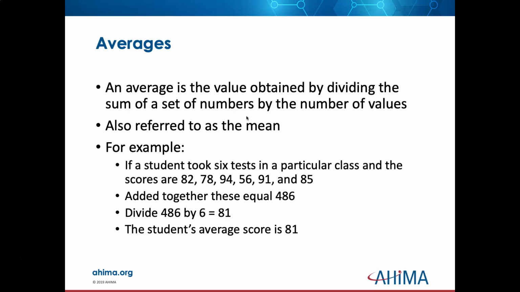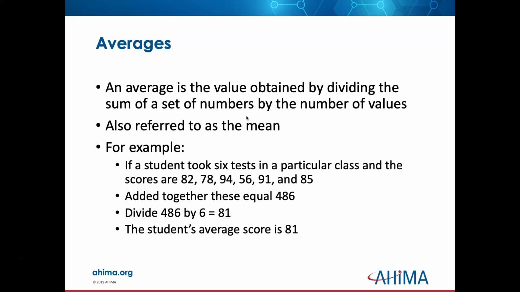Okay, so getting back to averages. It gives you an example here. If the student took 6 tests in a particular class and the scores are as listed, you add those all together. They equal 486. Now you're going to divide them by the number, which is 6, because there were 6 tests.